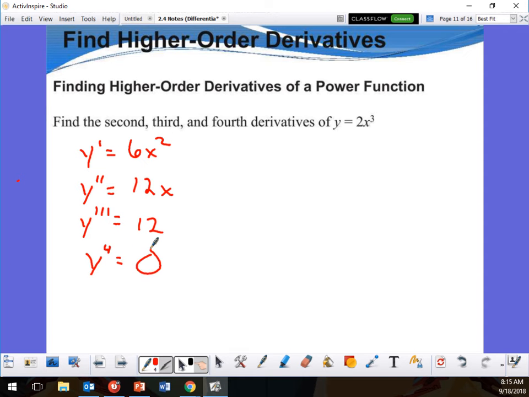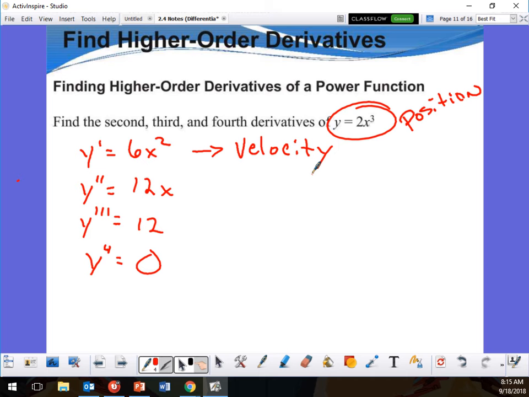There we go. Now, in the case of everything that we're doing, when we're talking about the physics aspect of this, this is my position. This tells me where I'm at. So the function is my position. The first derivative is my velocity. Okay.